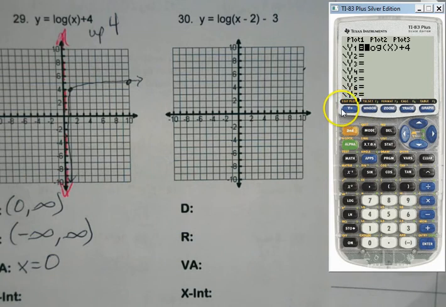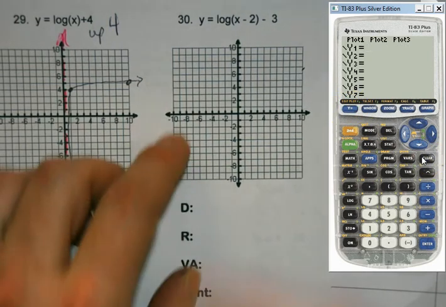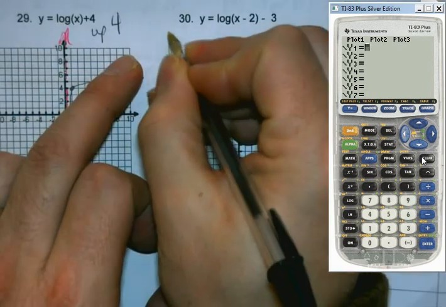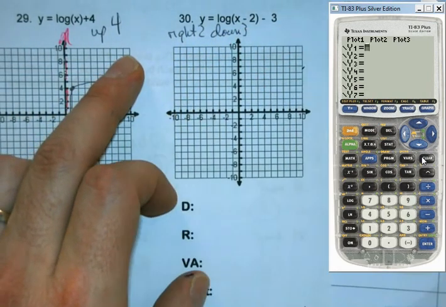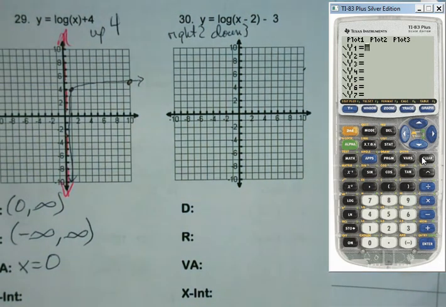All right, what are my shifts on 30? Right 2, down 3. So what's that going to do to my domain?